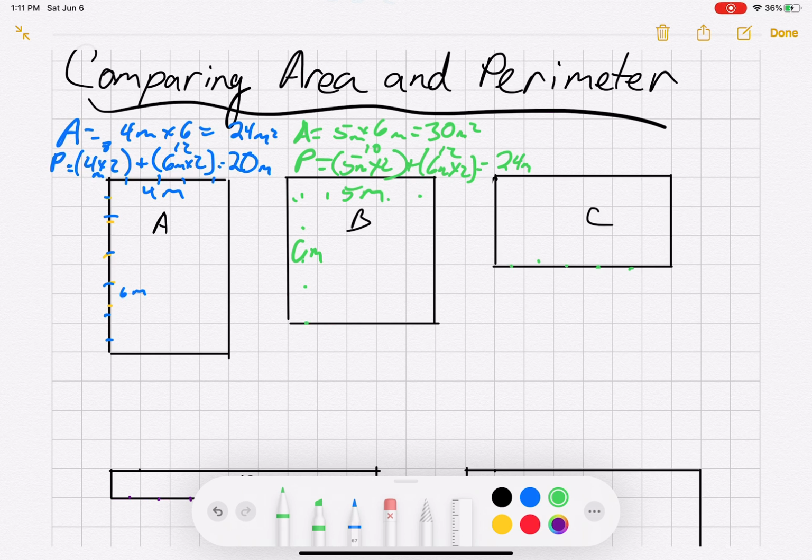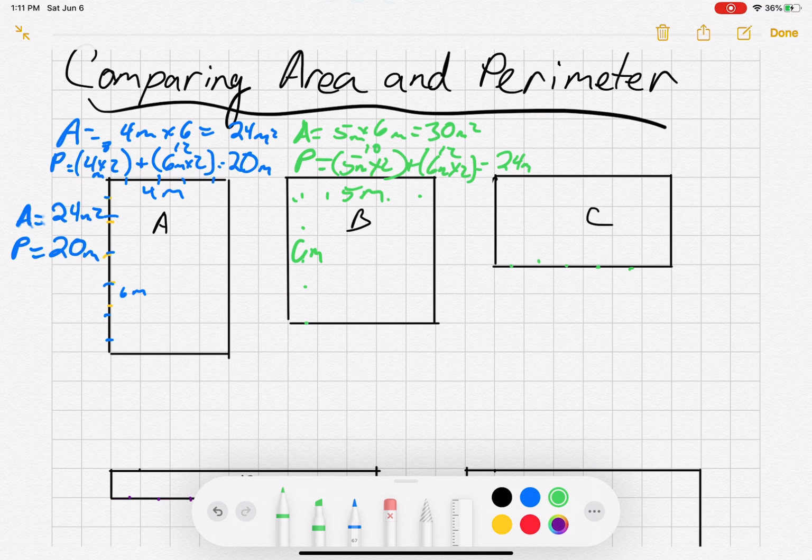Okay, so let me just write this so that it's easier to see. The area here is 24 meters squared, and the perimeter is 20 meters, okay? And this one's just a little easier to see.